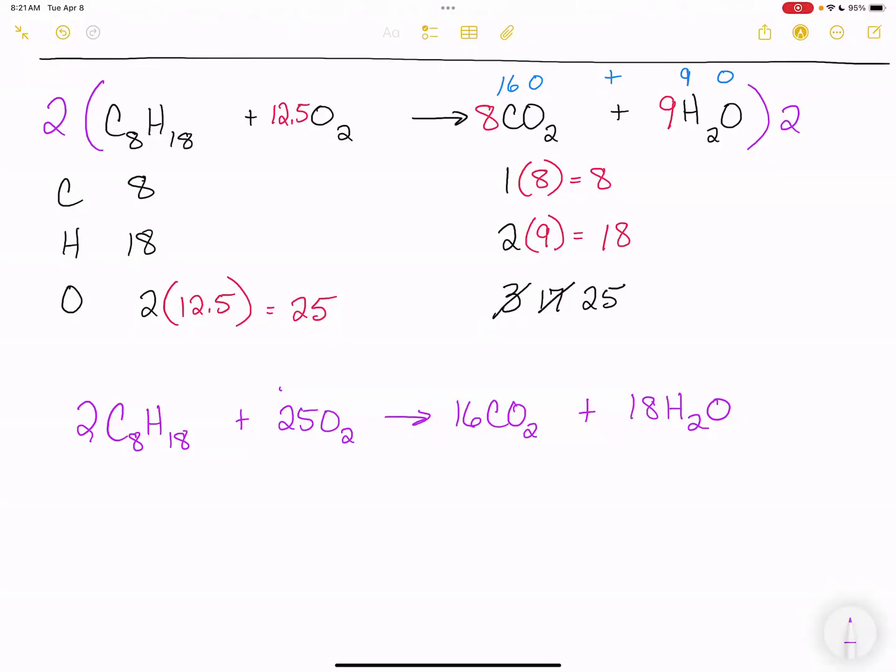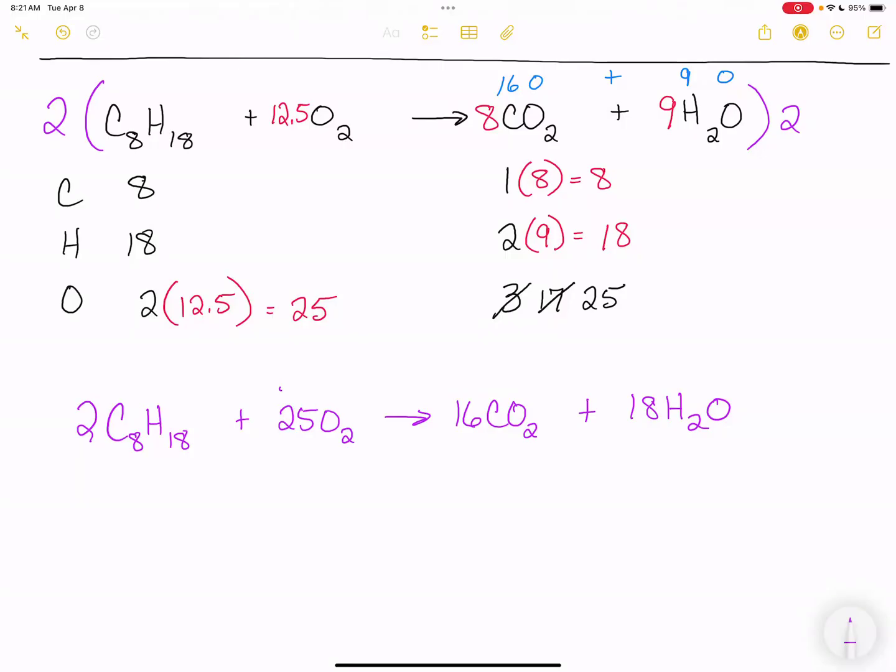And sometimes when you work at balancing an equation, nothing seems to want to happen. In other words, you can't get it balanced. So sometimes you just have to erase everything you've done and start with a different element.